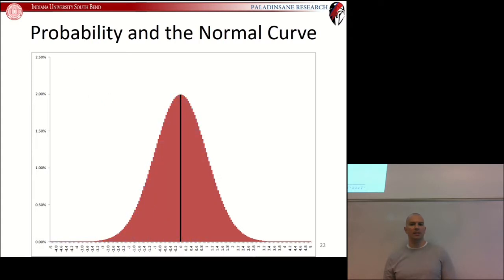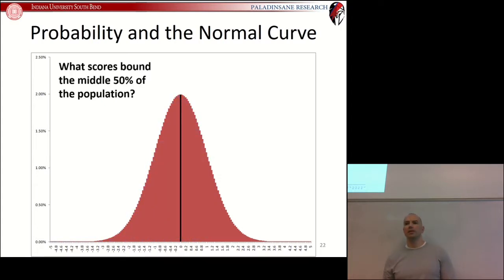We can also ask ourselves what scores bound the middle 50% of the population. Let's say that you have a program that will only benefit people in the middle 50%. So it's not designed for people that are doing exceptionally well. Let's say it's an educational initiative, so you're looking at students with GPAs in the middle. It's not going to be good for GPAs that are extremely high.